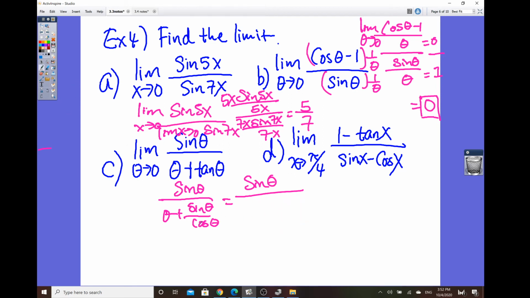So just convert that to the same denominator: theta cosine of theta over cosine of theta. Well, just add them first, all over cosine of theta. Now, you might be wondering, can I plug in 0 there? Again, that would be considered undefined.